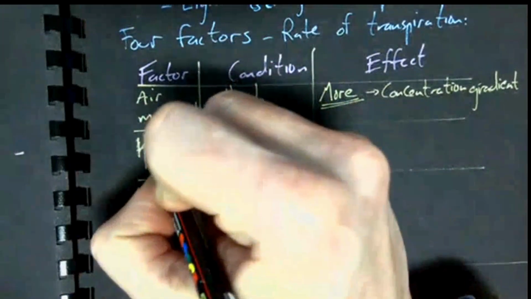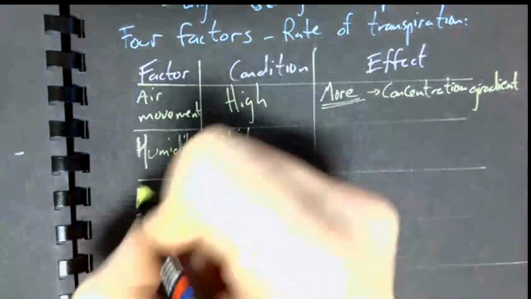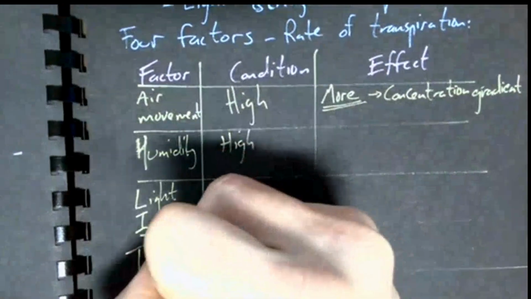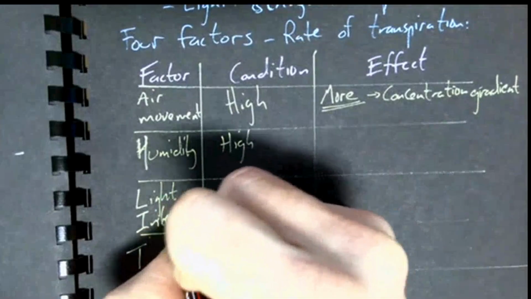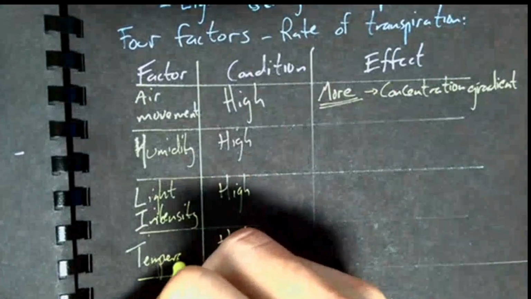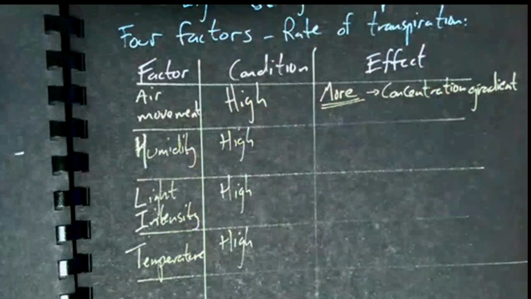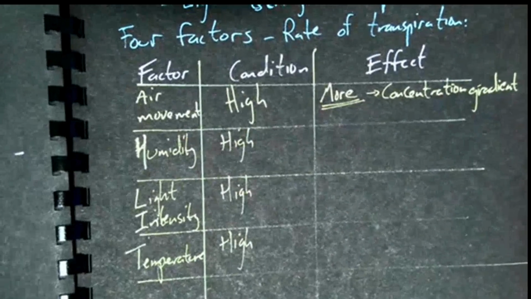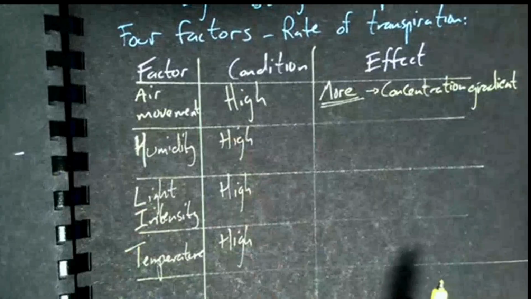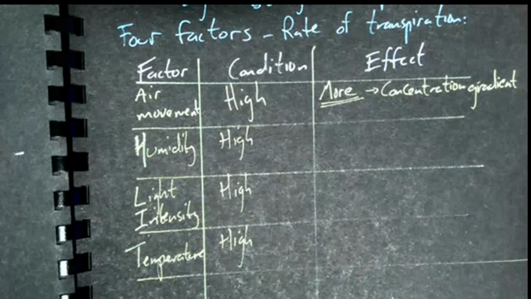So my next one is humidity. And then I think here I was thinking light intensity. And then finally, temperature. So the 4 factors that I can vary to vary the rate of transpiration are air movement, humidity, light intensity, and temperature.